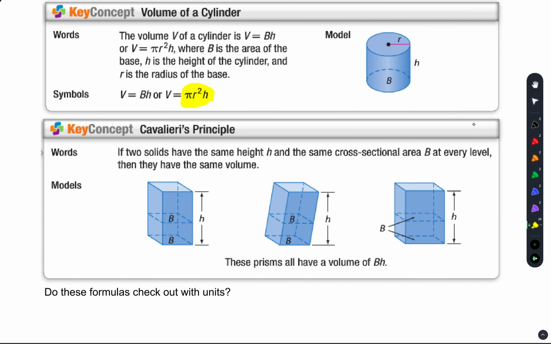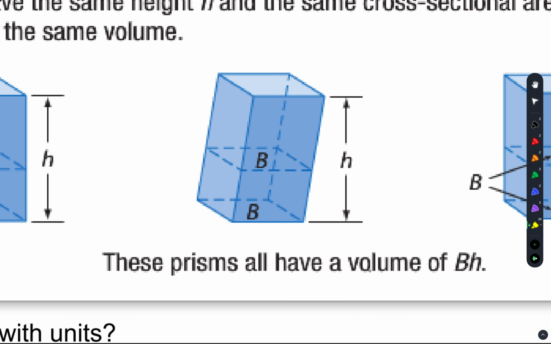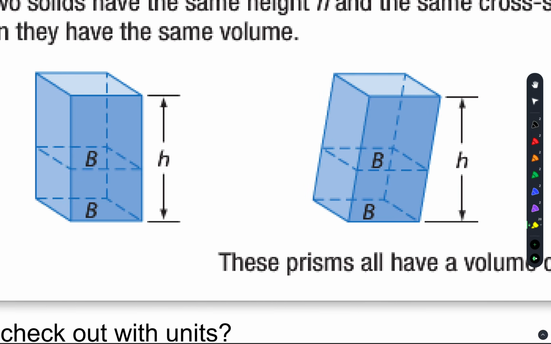And then if I take a look specifically at this middle one, the only thing that we need to remember is that the height for a prism or for a cylinder is not a slant height. It is a regular perpendicular height. So if it's a right prism, which means it's standing up straight, that's just the distance from base to base.